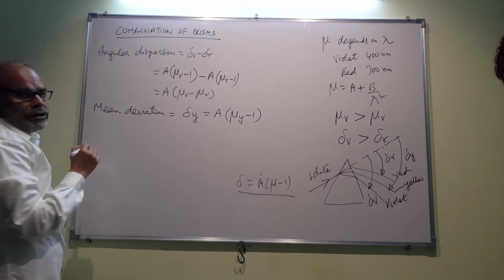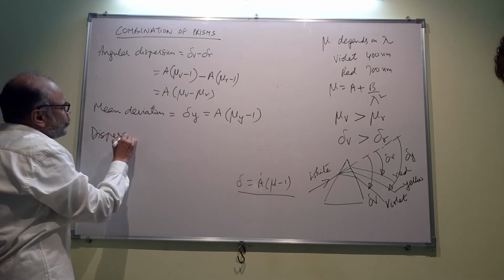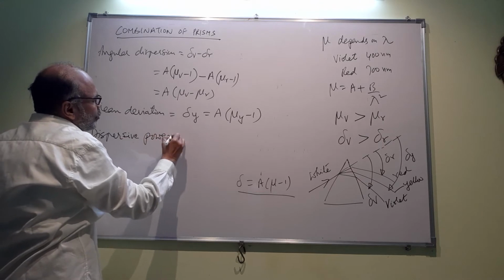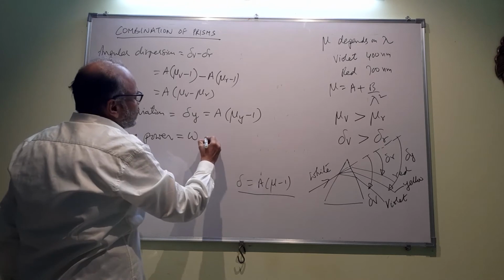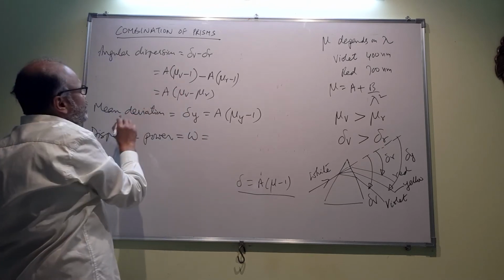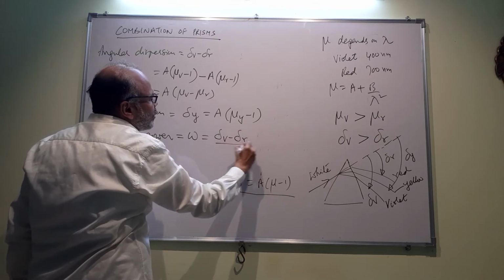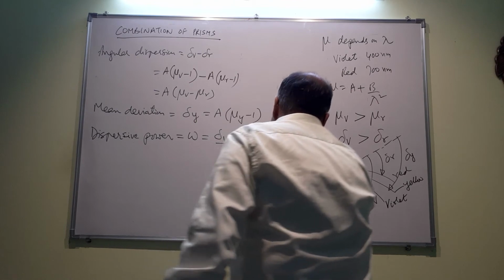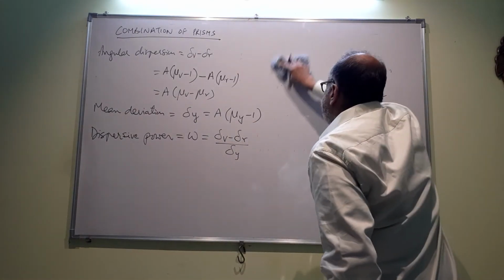Now we define a quantity known as the dispersive power of the prism. It is given by the symbol omega, and it is the angular dispersion divided by the mean deviation. That is del V minus del R by del Y. That is the dispersive power of the prism.